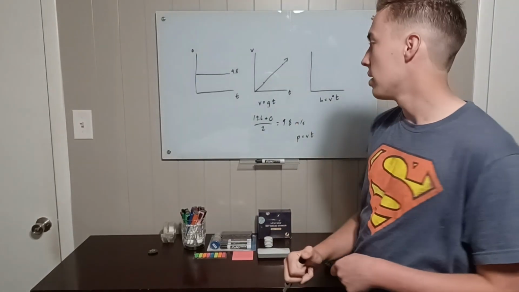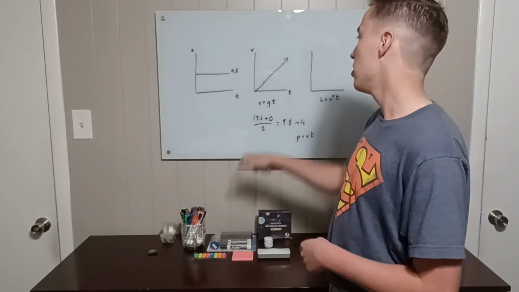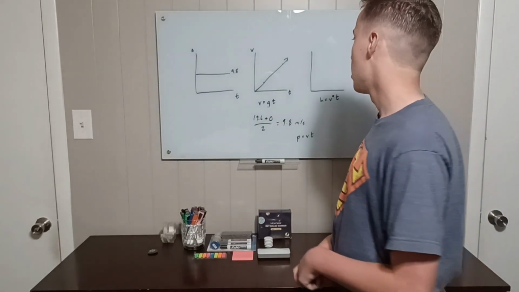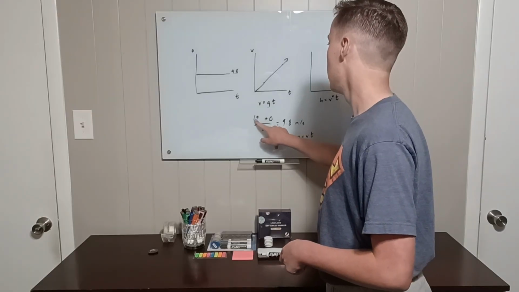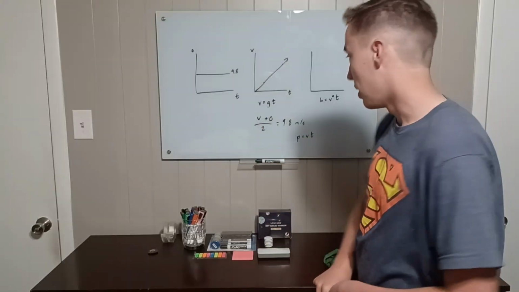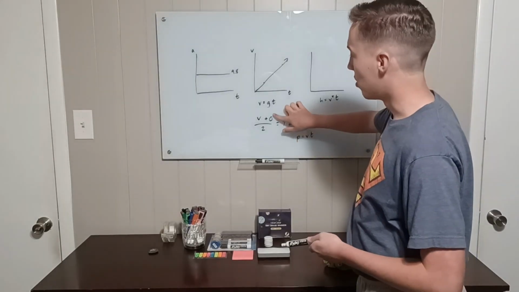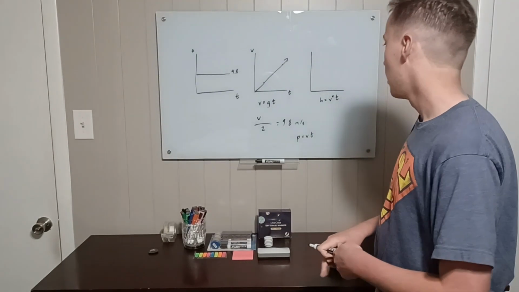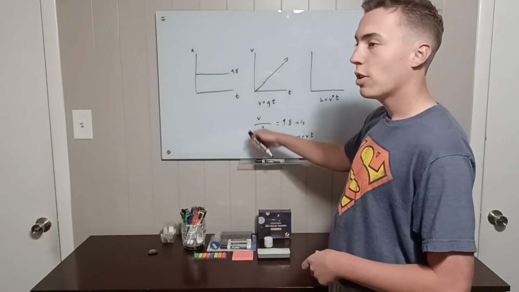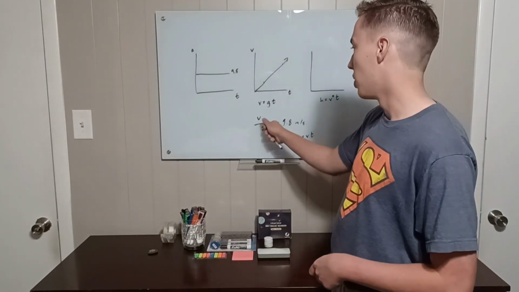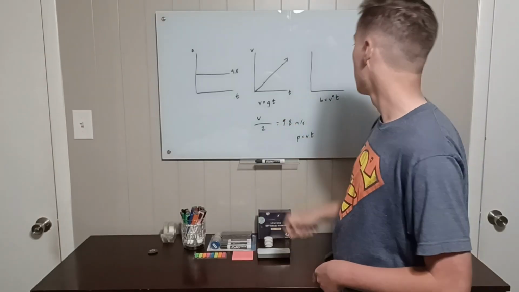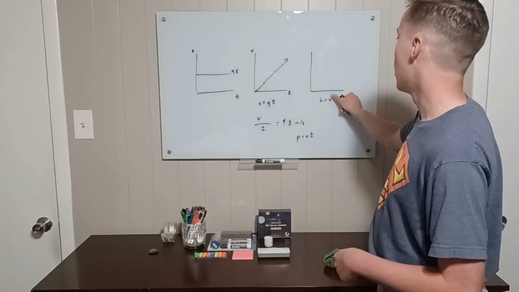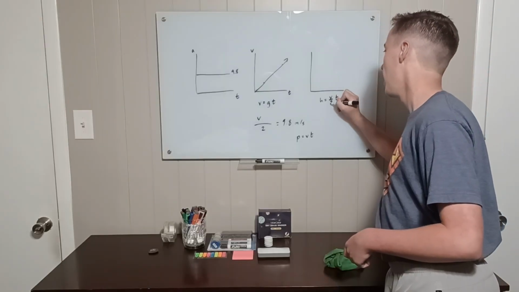And what you may have noticed is that the only thing that changed in this equation was the final speed. And so this can actually be represented as just velocity. And so if you do that, it's always plus 0, so you can just take the 0 away. Then you can see that the average velocity at any point is just velocity divided by 2. And so in order to find the position, you have to have velocity divided by 2.